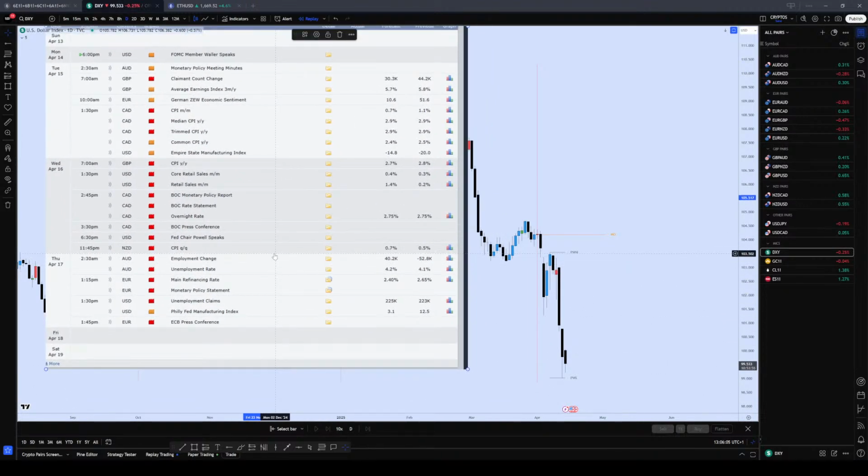Okay, so this week we do have Tuesday GBP climate change. On the same Tuesday we have the CAD CPI, and then Wednesday we have the CAD rate announcement. We have Fed Chair Powell speaking. We have the CPI on New Zealand, and then I think we have the Euro press conference. So not a lot in terms of announcements.